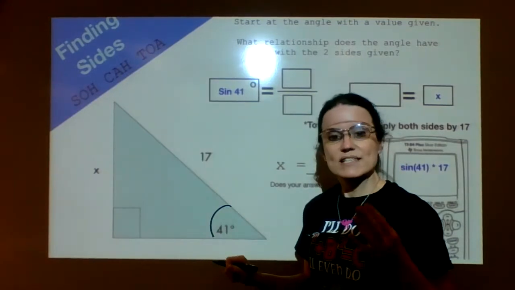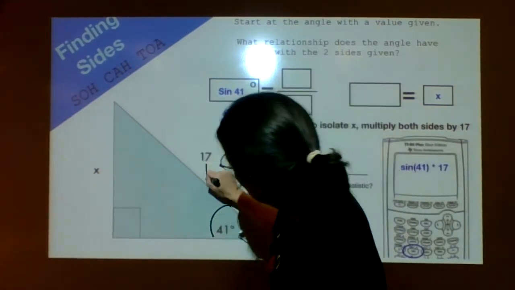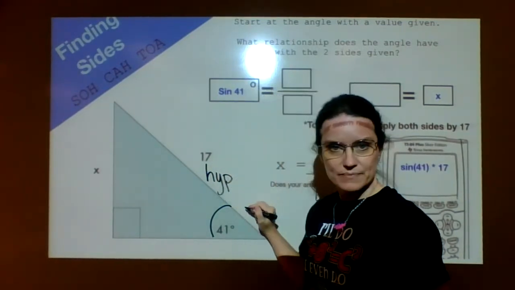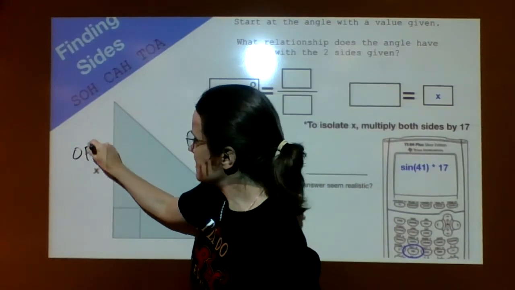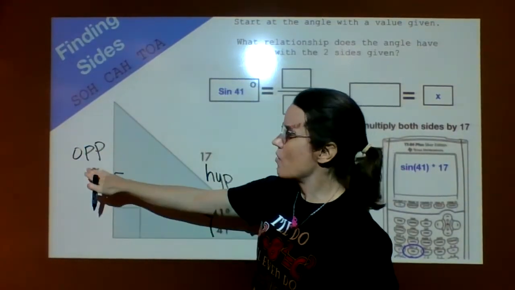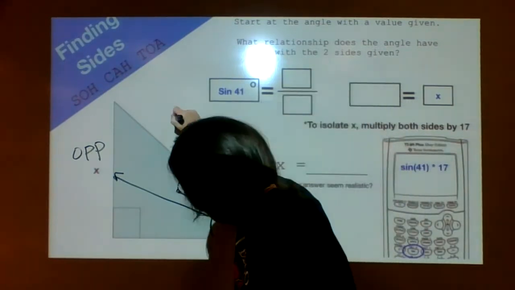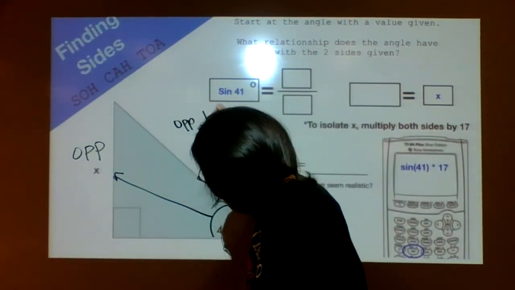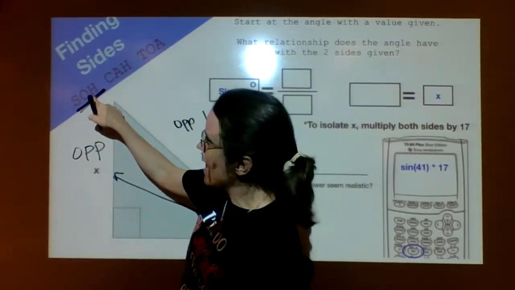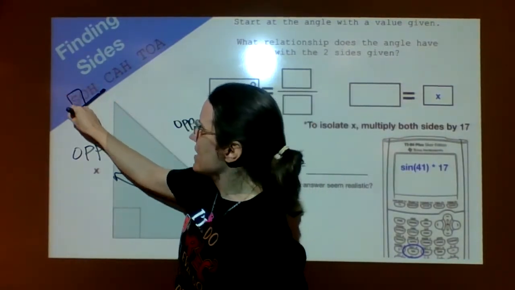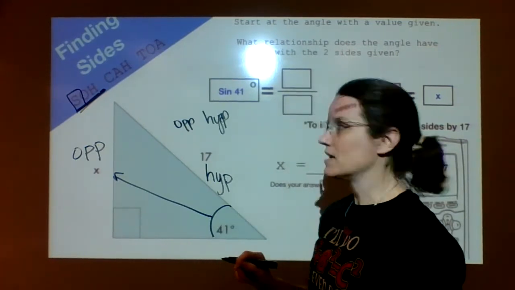Then I think, which sides do I have in relationship to my angle? Well, I have the hypotenuse, and I have this side directly opposite. And so I think, oh, I have an opposite and a hypotenuse. If I have an opposite and a hypotenuse, I know that I have SOH. The S tells me I need to do the sine ratio.